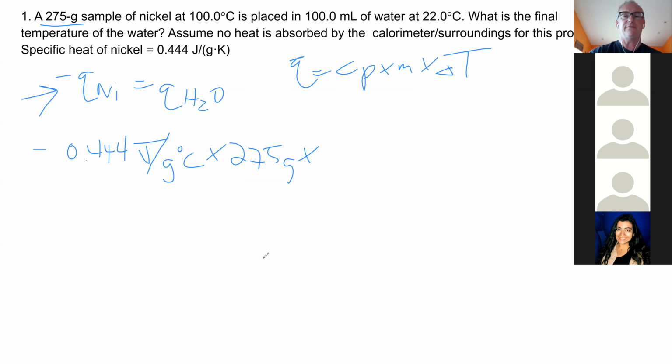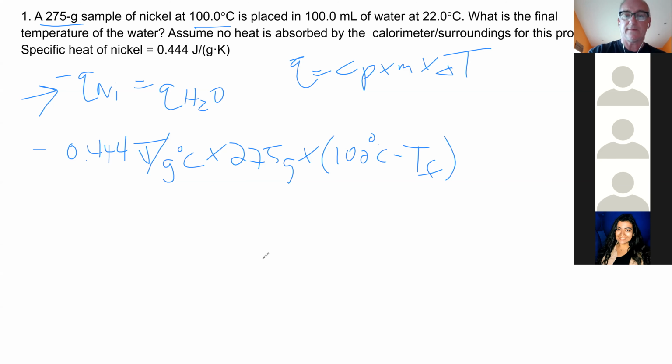And the delta T for anything is always going to be the difference between the initial temperature and the final temperature, right? And the initial temperature is 100. And the final temperature, we don't know what it is. Oh God, I did it again.